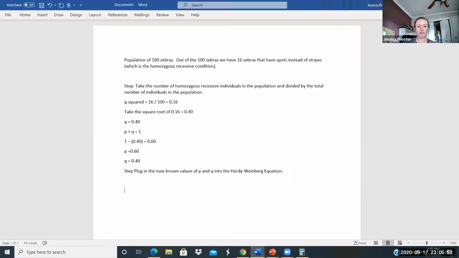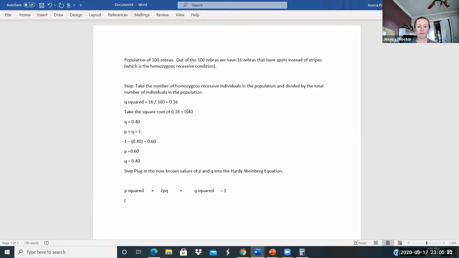Okay, so our equation itself, we've got P squared plus 2PQ plus Q squared equals 1. Okay. All right, so remember, plugging it in just means we're taking the value of P.